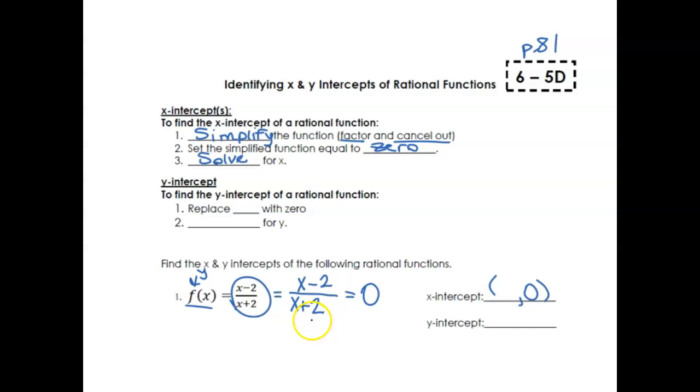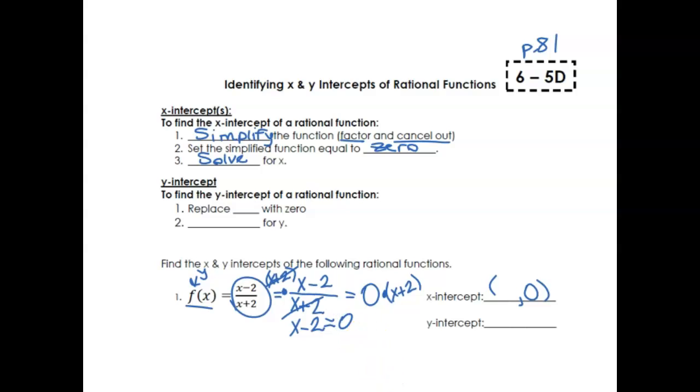But I can get it out of the fraction and I can multiply both sides by the denominator, x plus 2 and x plus 2. Because what happens when you multiply and you have an x plus 2 on the top and an x plus 2 on the bottom? It does cancel out. So what's all that's left over? X minus 2, which was the numerator, equals 0 because 0 times anything is going to be 0.